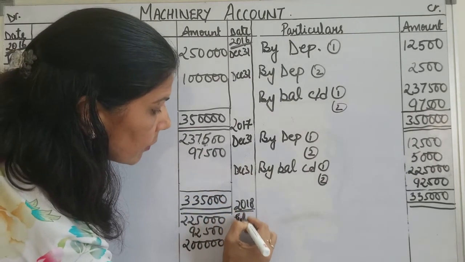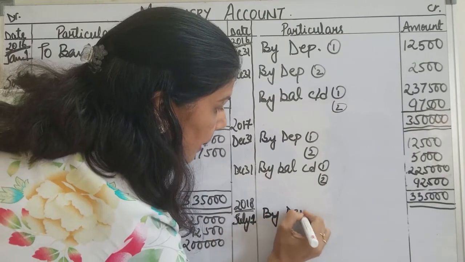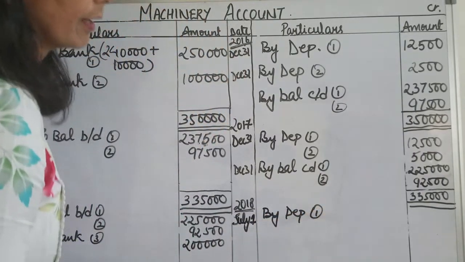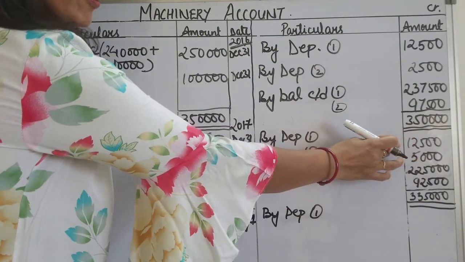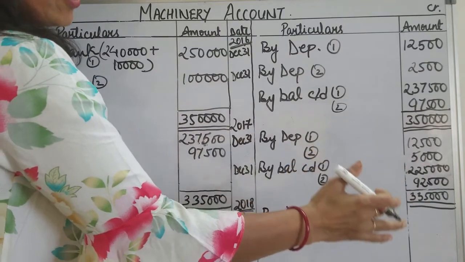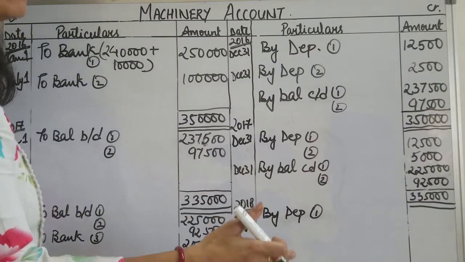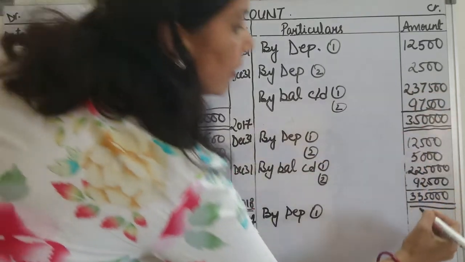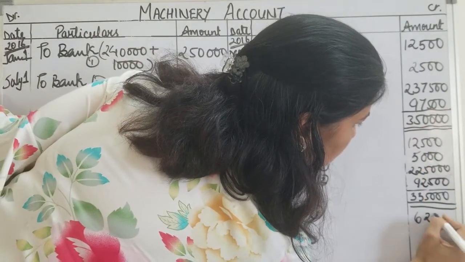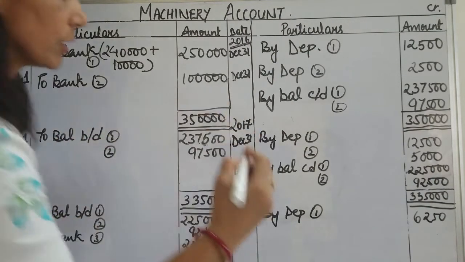So the date here will be July 1st and we'll write like by depreciation on machinery 1, half of 12,500, because 12,500 was full year's depreciation. But the machinery was sold on 1st July, so half year's depreciation will be provided on this machinery. So half of 12,500 comes to 6,250, right?